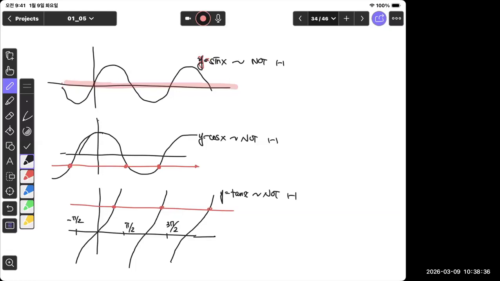Usually, we think of the inverse functions only when the function is one-to-one, but exceptionally, with these trigonometric functions, we want to consider the inverse of sine, the inverse of cosine. But since these functions are not one-to-one, we cannot think of the inverse using the standard definition.